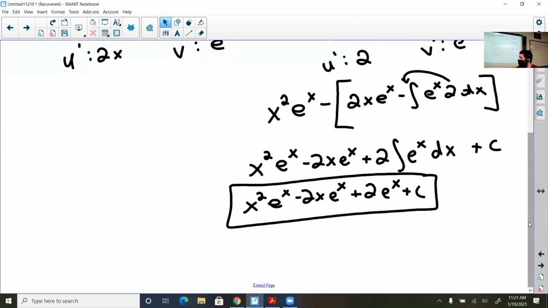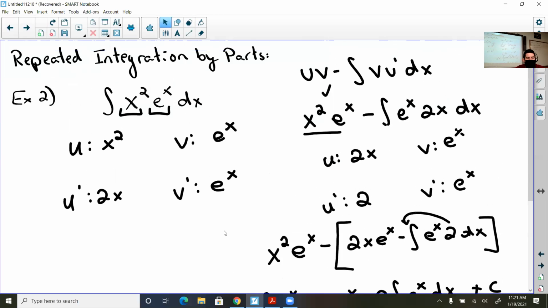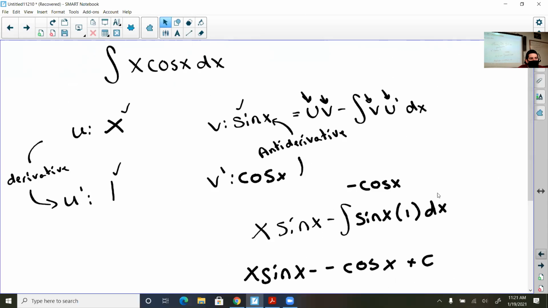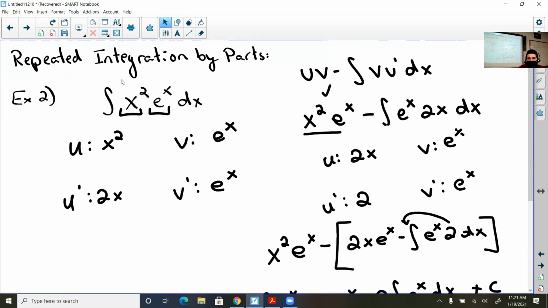But this would be an example of when we'd have to do the integration by parts twice. Now you'll know that you'll need to do it because in our previous examples, if we take a look, this one had a linear term we were multiplying by. This one had a linear term we were multiplying by. And in this problem, we had a quadratic.